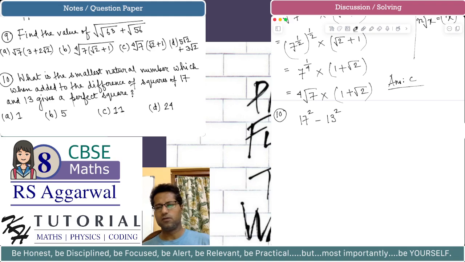What can we add to 17 square minus 13 square to give a perfect square?